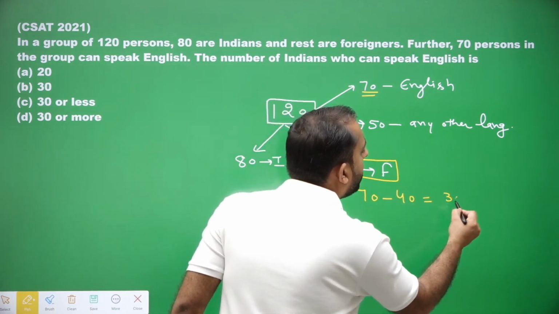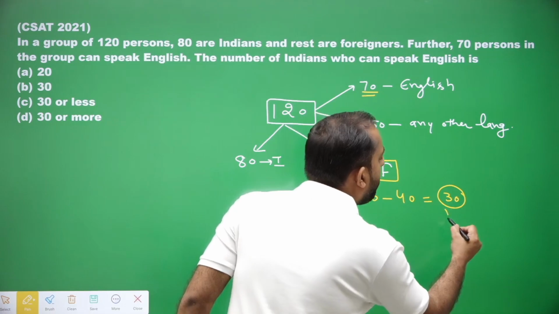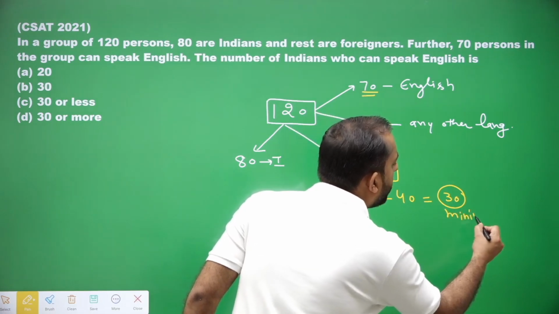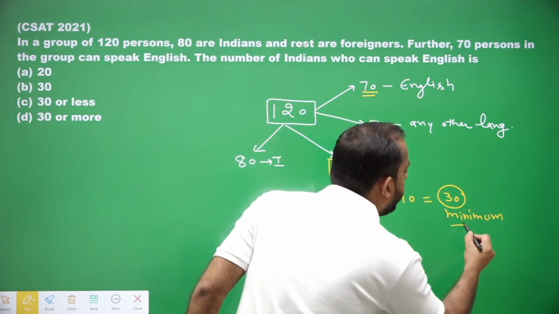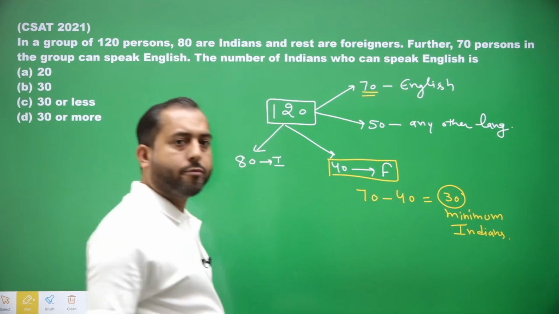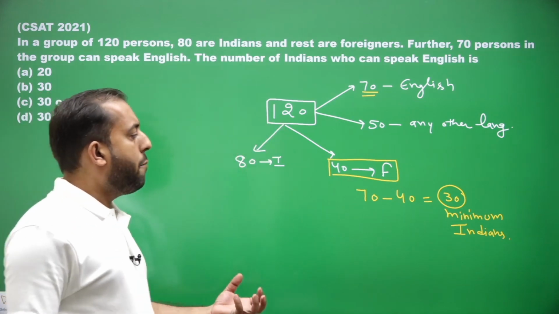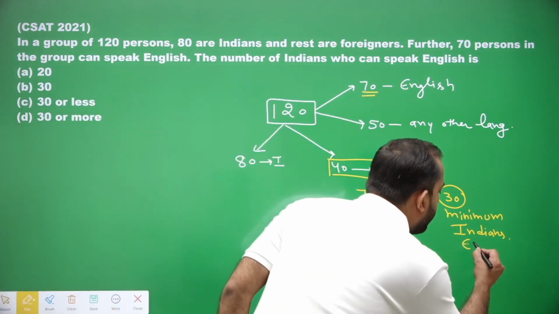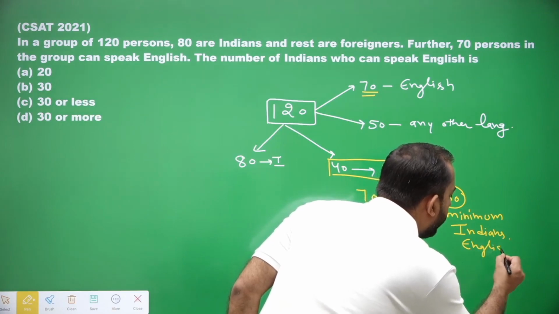So 30 could be the minimum number of Indians who can speak English.